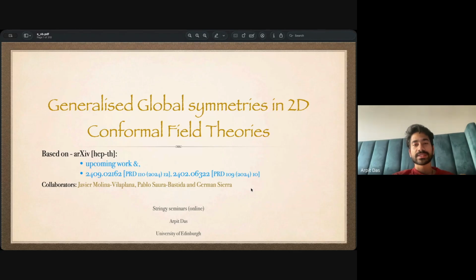We're going to discuss something called generalized global symmetries and see some of its applications in various QFTs, and specifically in 2D CFTs as we go along. This is based on a couple of works that came out 2 years ago with these wonderful collaborators, Javier, Pablo, and Herman, and also an upcoming work which we are trying to finish quite soon. So without further ado, let's get started.